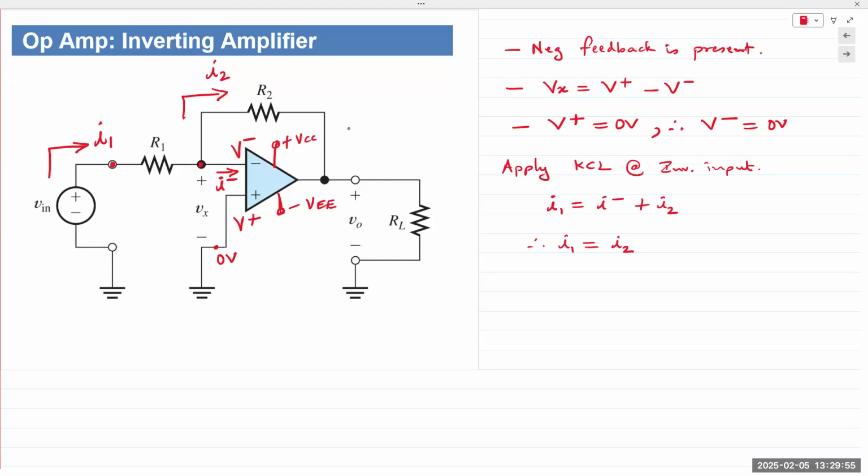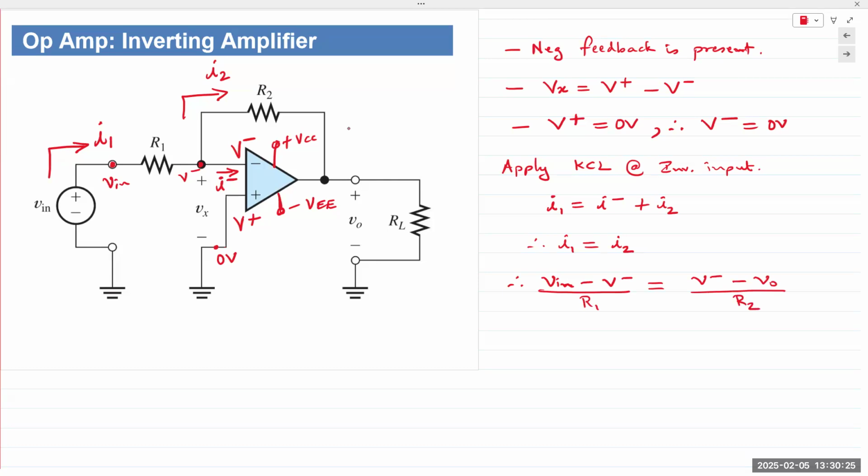So the voltage for R1 is V in, and the voltage here would be 0, V minus. So I can write I1 is V in minus V minus, divided by R1. And I2 would be V minus minus VO, the output voltage, divided by R2.